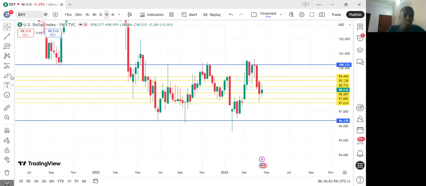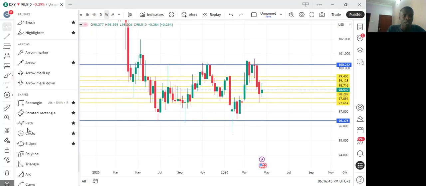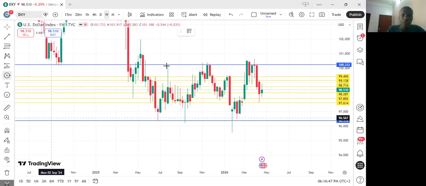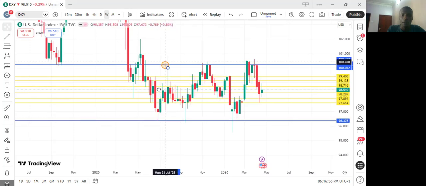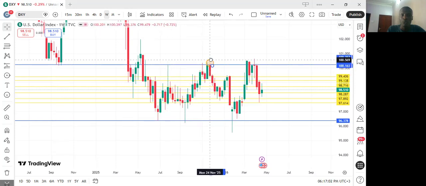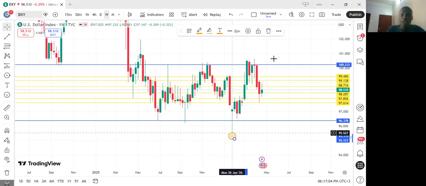You can notice here within DXY that the market broke up to here, then it pulled back here, and then it came back here, pulled back up, then again it pulled back at the bottom.